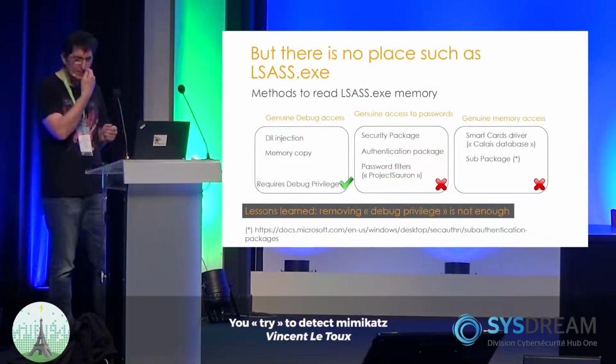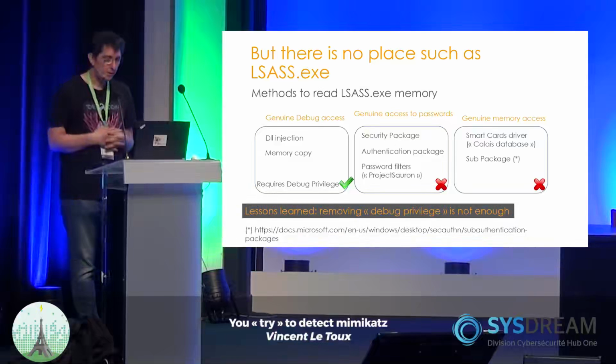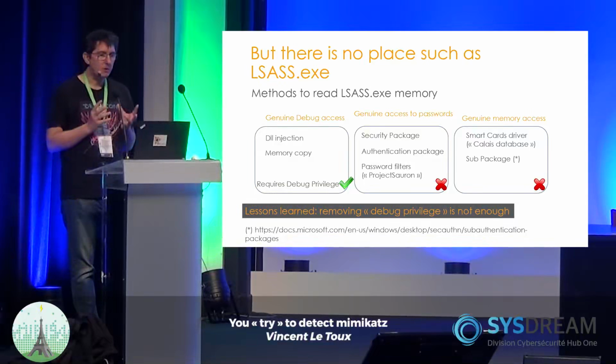So I'm going to be a little more technical. So in the Windows mindset, every credential is stored in a process named lsass.exe. So if you are able to read the memory of this process, you are able to extract the secrets.